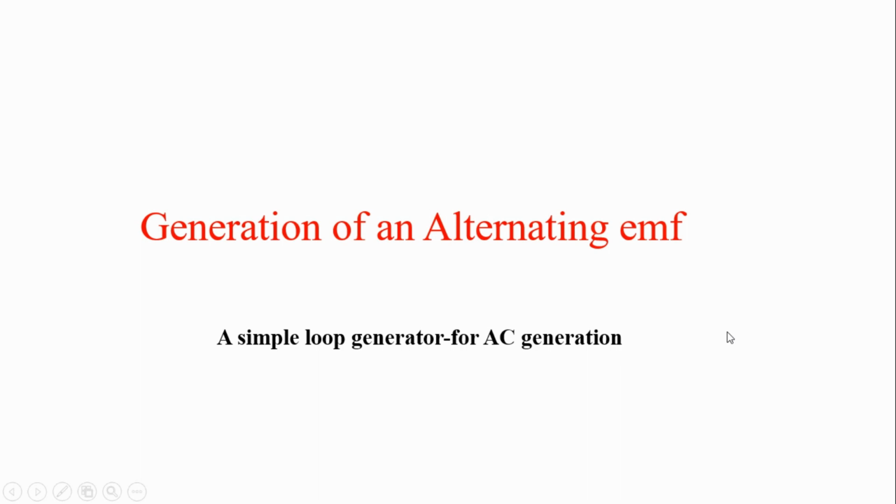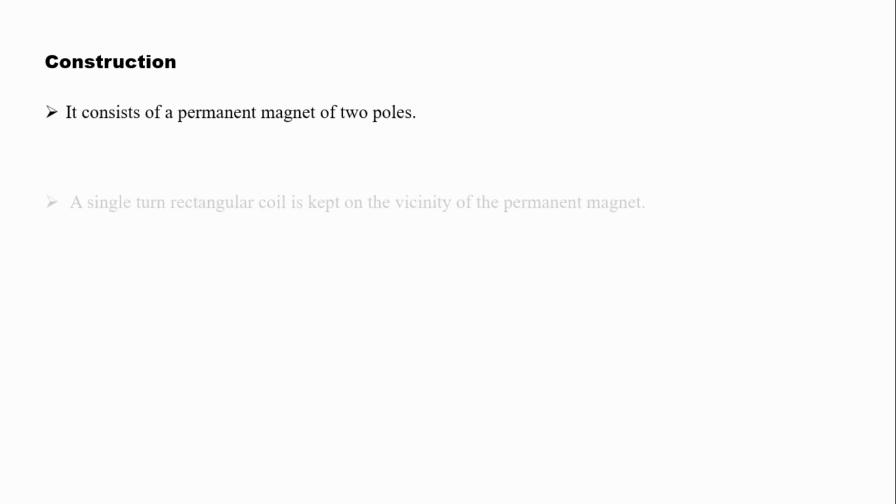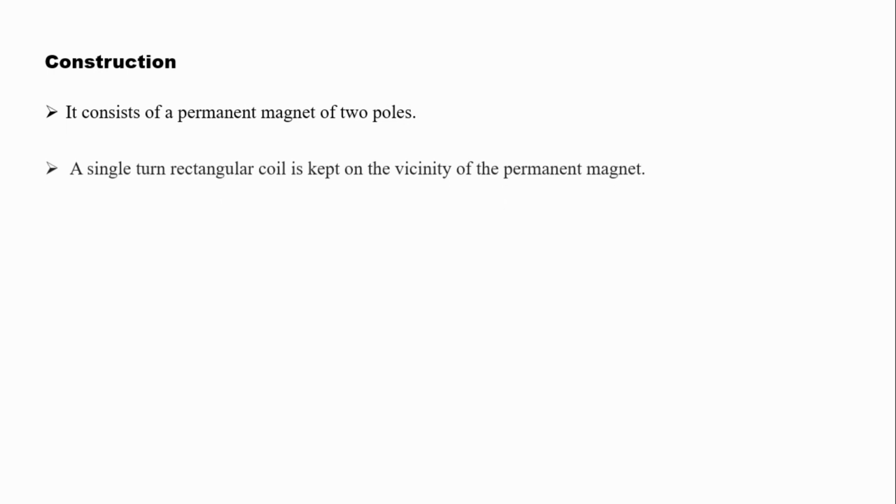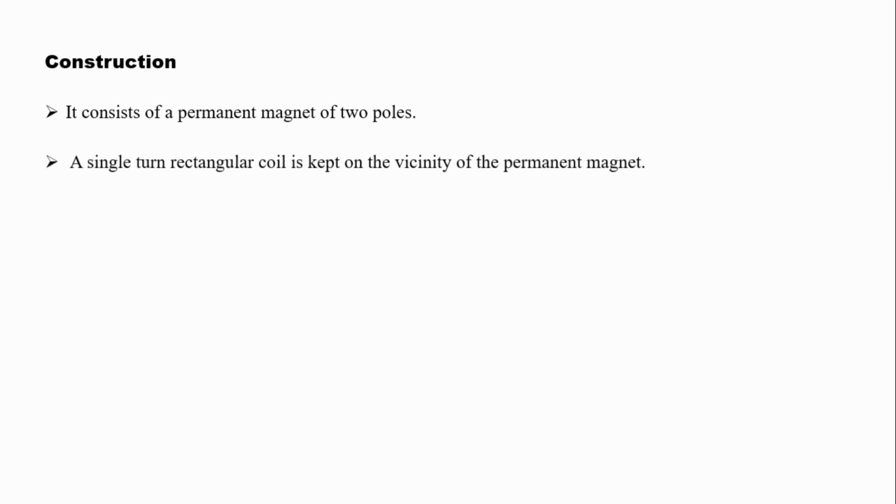Now we are going to discuss a simple loop generator for AC generation. The construction: it consists of a permanent magnet of two poles. A single turn rectangular coil or loop ABCD is kept in the vicinity of the permanent magnet.